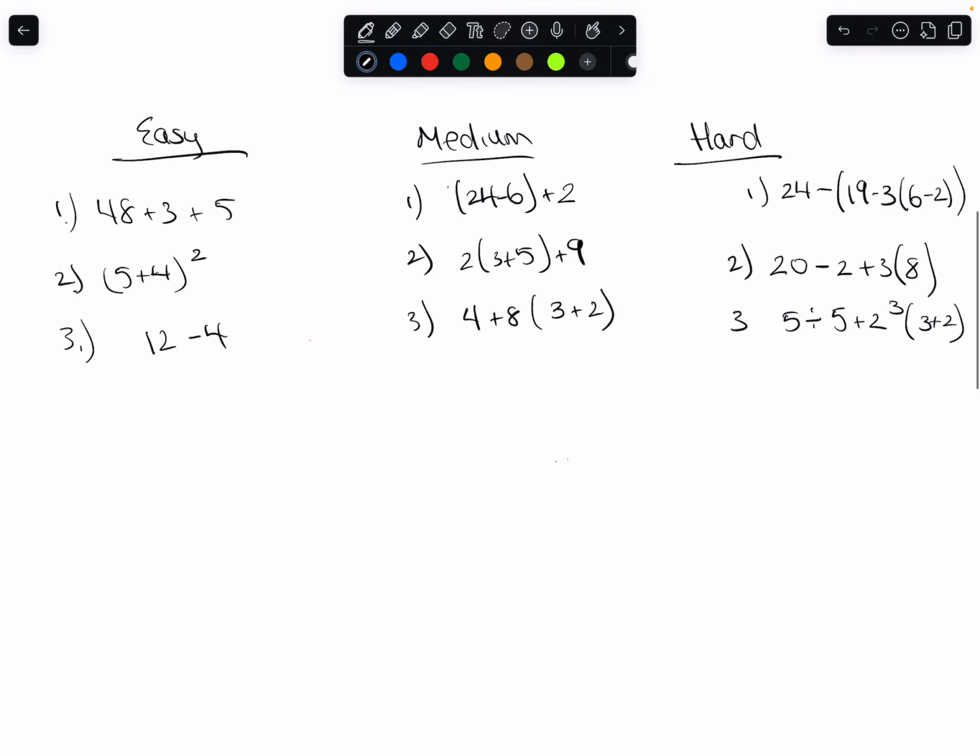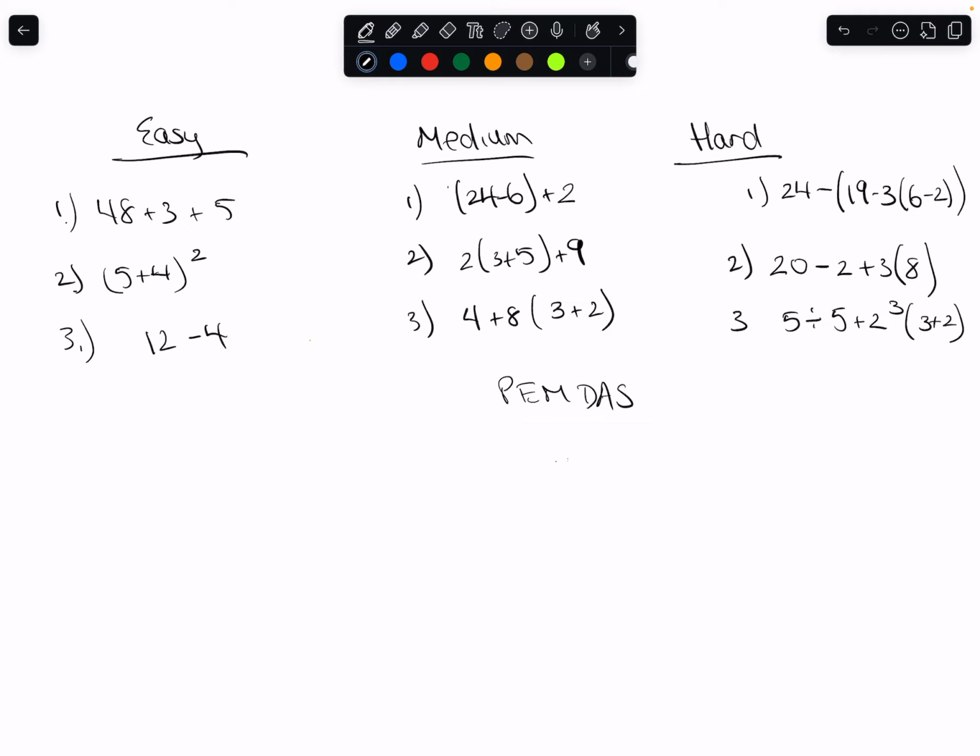For the easy section, before we do anything, let's first write out our acronym. We see straight away, there's no confusion. It's just straight addition. We're just adding 48 plus 3 plus 5.